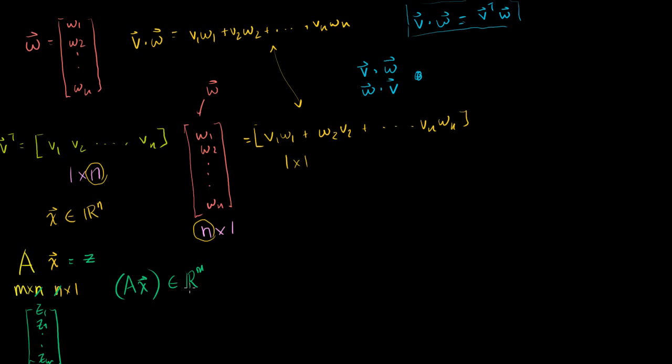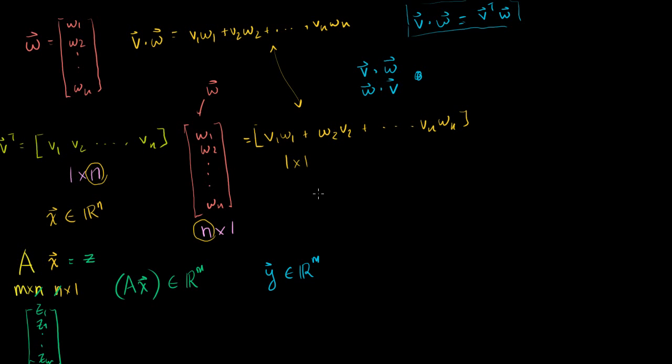Now, if that's a vector of Rm, then the idea of dotting this with another member of Rm is well defined. So let's say I have another vector y, which is also a member of Rm. The vector Ax has m elements, and y has m elements, so the idea of taking their dot product is well defined.